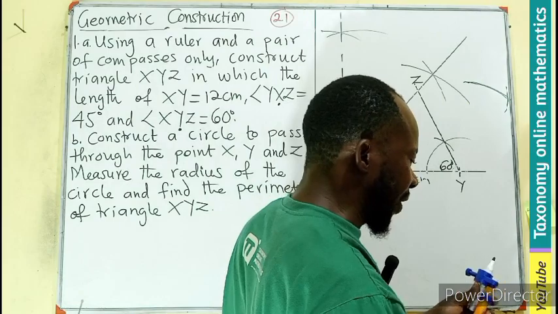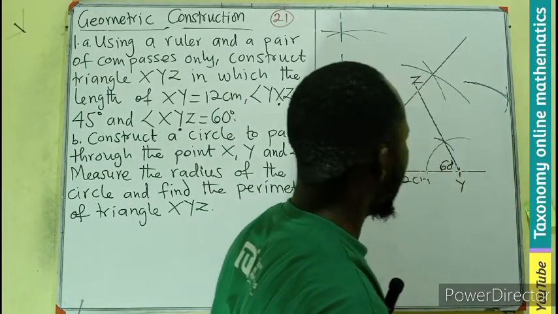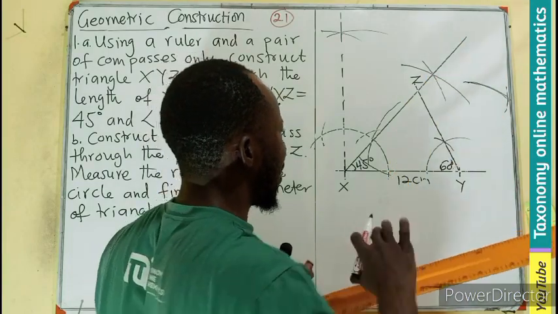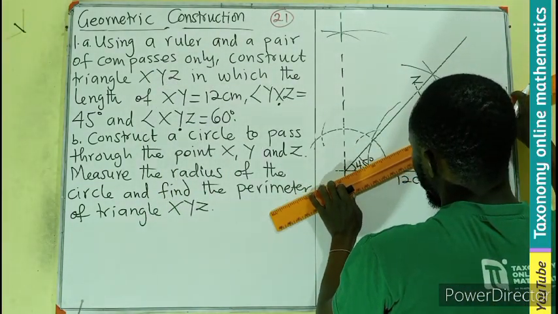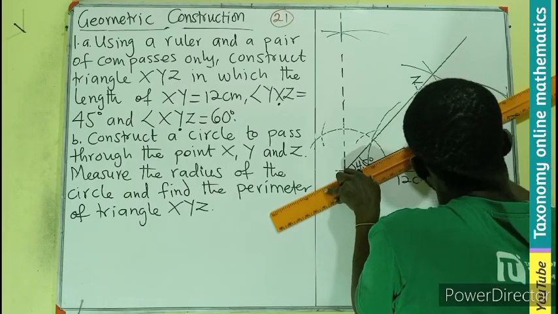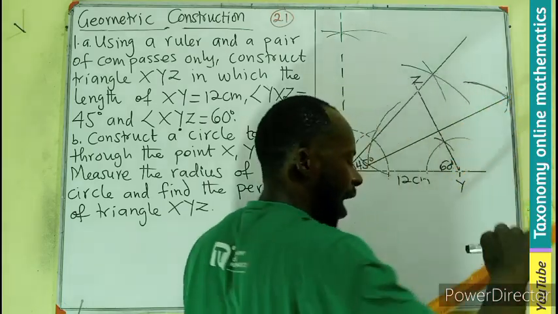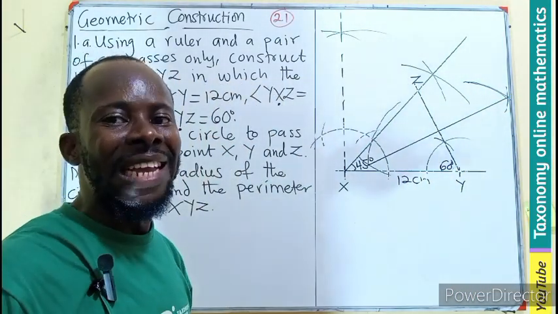The point of intersection of those two arcs gives way to our perpendicular bisector. I believe it passes through here. So I have my perpendicular bisector of the line YZ.